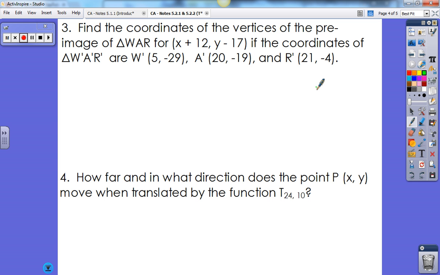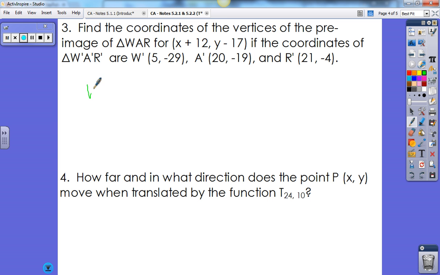Alright, this one is going backwards a little bit. It asks me to find the vertices of the pre-image if the coordinates of the image are given. So basically they told me the triangle moved, and here is where it moved to. We've got to go backwards and find out where it started.